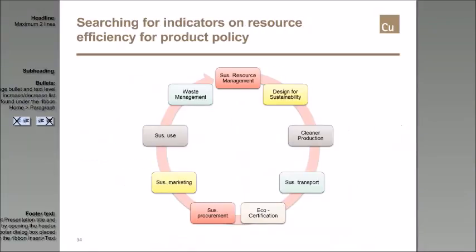And to come back to the first question, searching for indicators on resource efficiency in product policy, it's clear that for those designing products, for designing to sustainability, indicators should target concrete measures that guarantee a real number that could be managed by experts in designing, but not necessarily experts in geology.